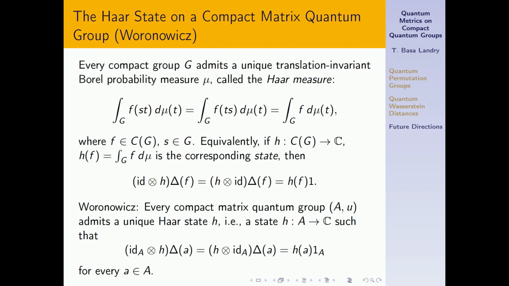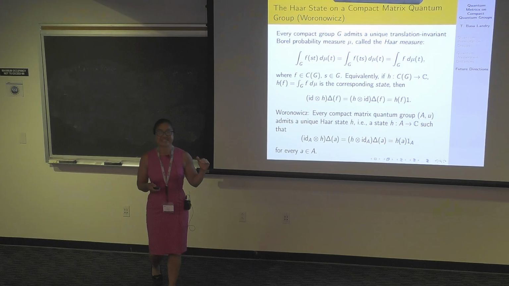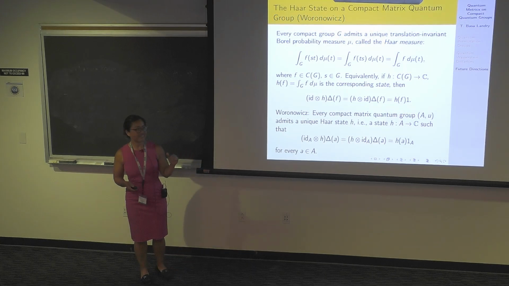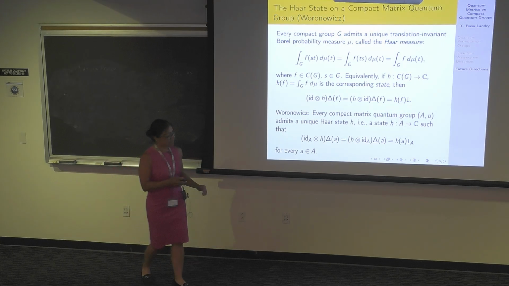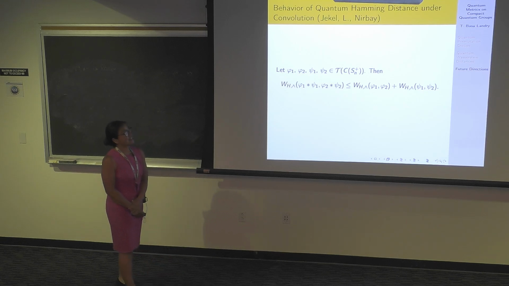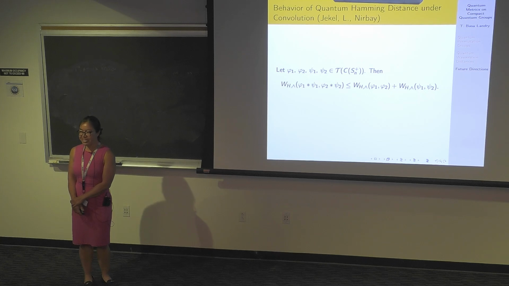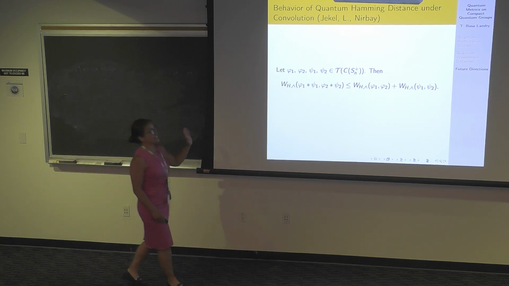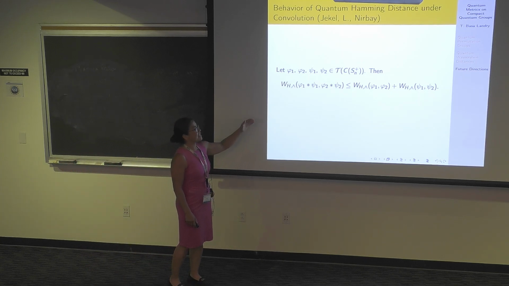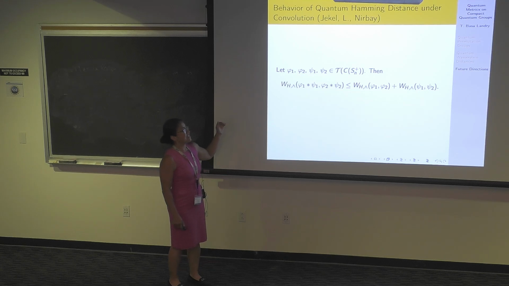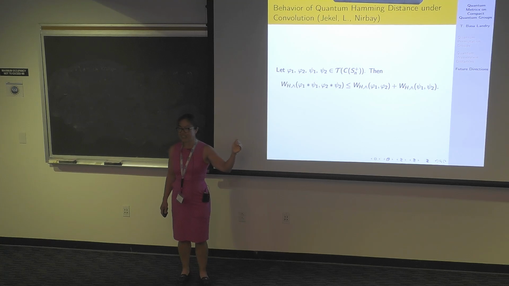And so that is also a really nice continued analogy with the classical case. And well, in terms of seeing what we could do with our quantum metric, we were able to obtain this result. We were able to look at how the quantum Hamming distance behaves under convolution. And so this looks promising.